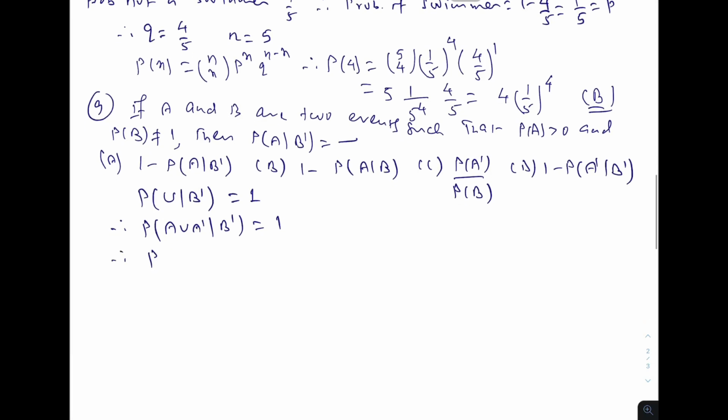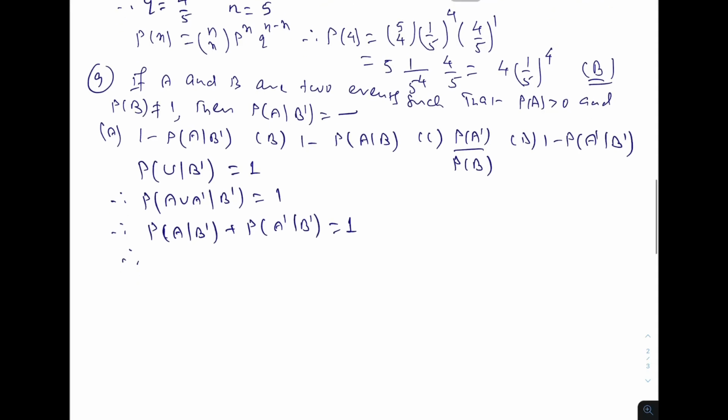And therefore P of A given B dash plus P of A dash given B dash is 1, because A and A dash are mutually exclusive. And so P of A given B dash is equal to 1 minus P of A dash given B dash. So the option D is the answer.